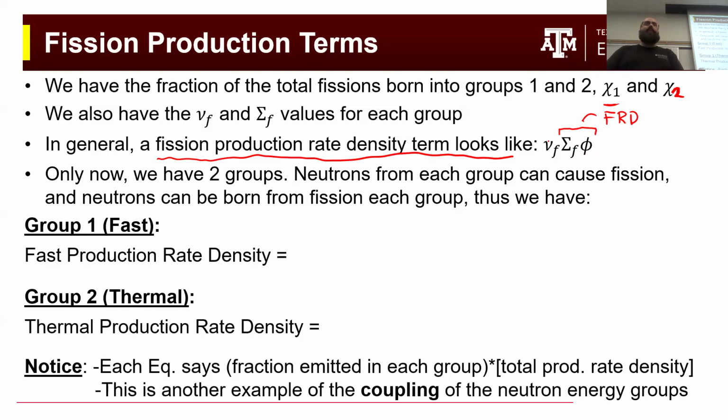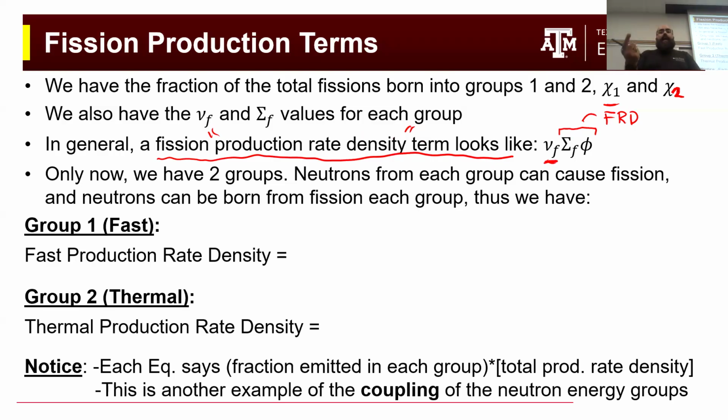And if I multiply that by nu sub F, where nu is the number of neutrons per fission, it turns it from a fission rate density into a production rate density, with units of neutrons per unit volume per unit time. So in general, this nu F sigma F phi is what my production rate density is going to look like.